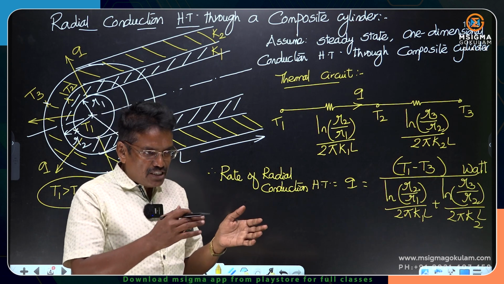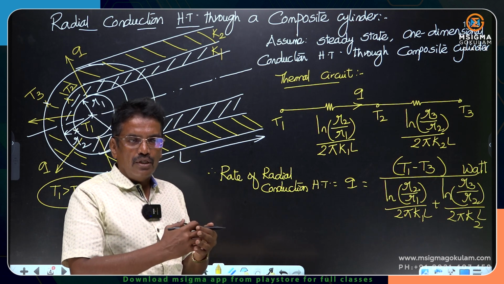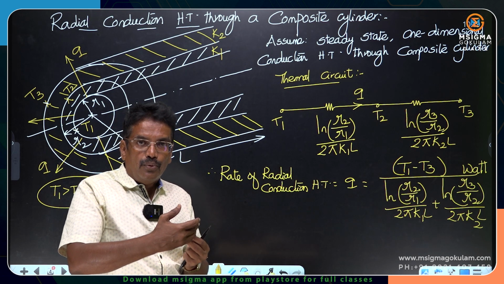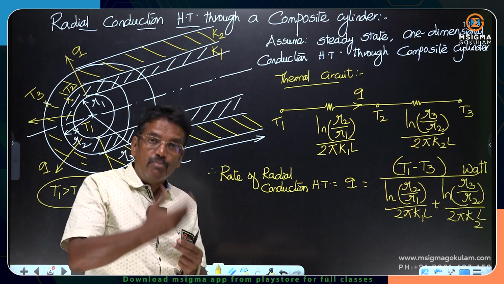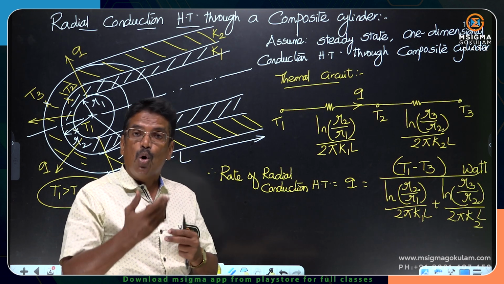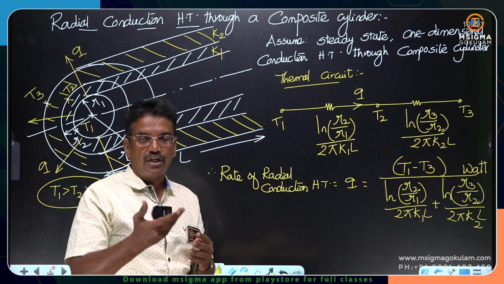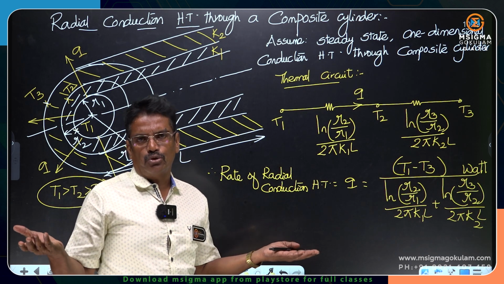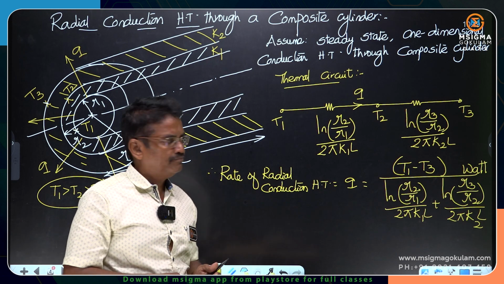So just by reading the materials, you will be able to estimate whether the resistance will be more or lesser. If you are given three materials, just by reading the conductivities, we can easily make out which resistance will be greater.